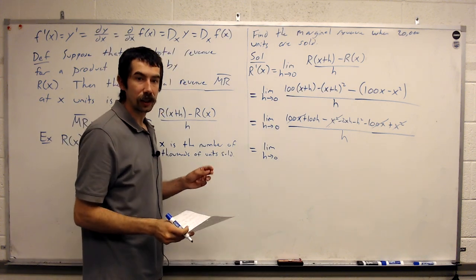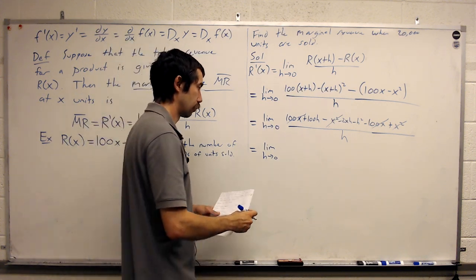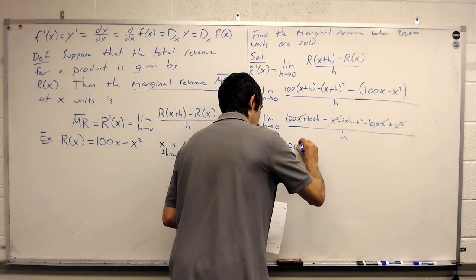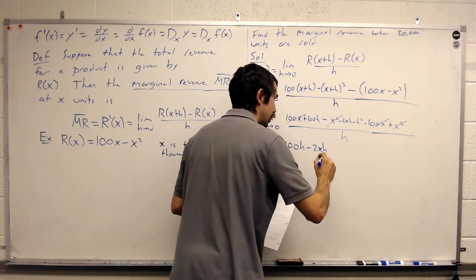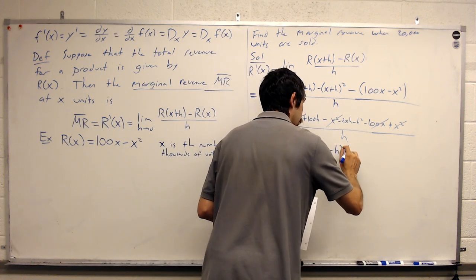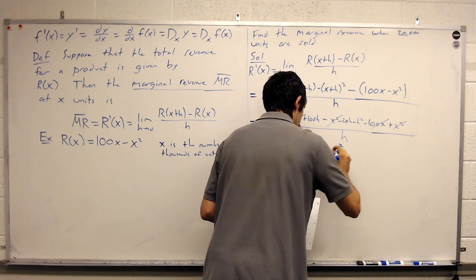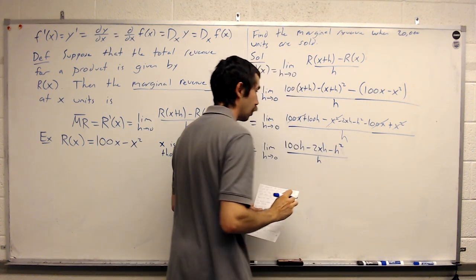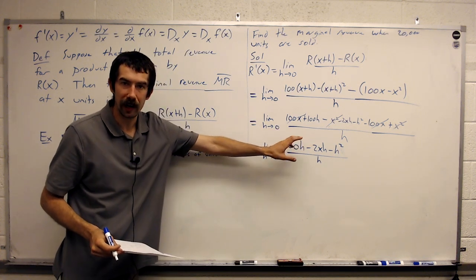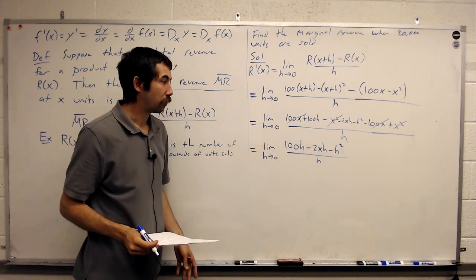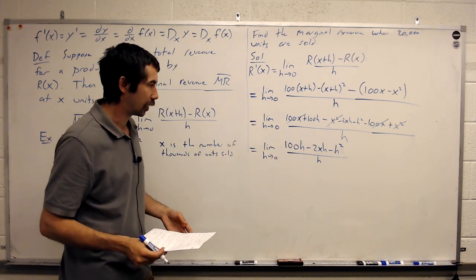So it's the limit as h goes to 0 of 100h minus 2xh minus h squared, all over h. And there's an h in every term in the numerator, so we could factor it out and divide by the h in the denominator.